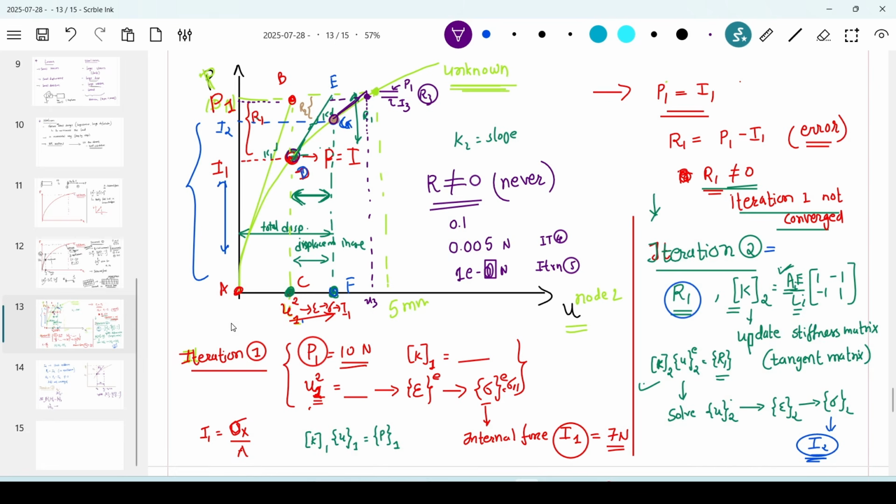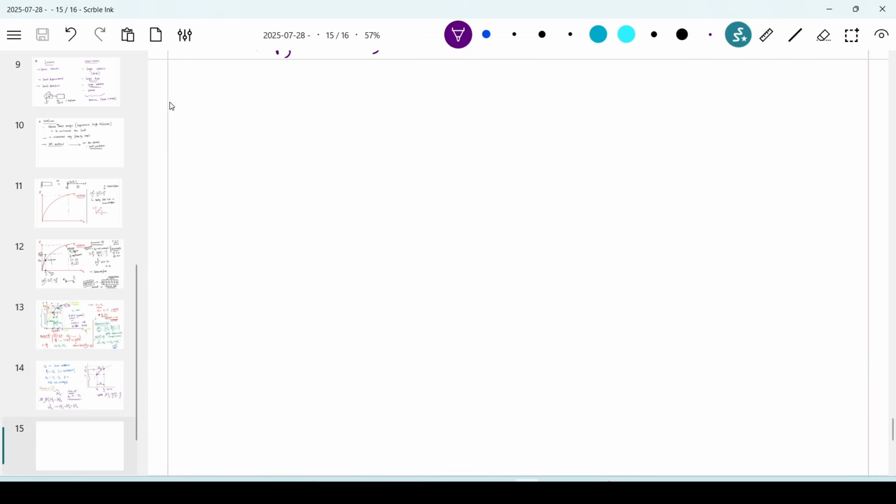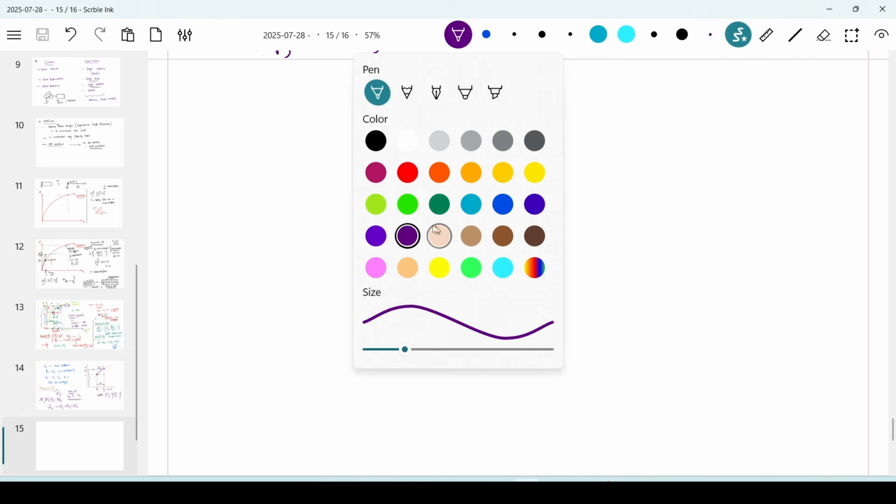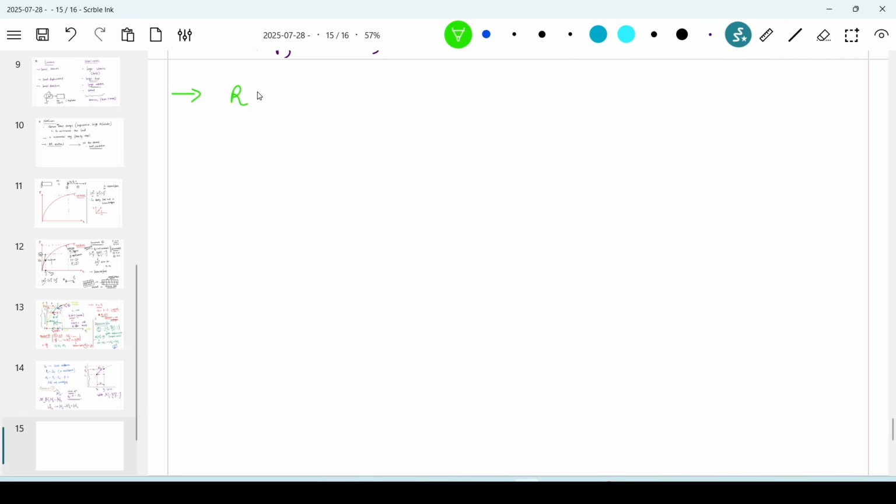So we have to stop somewhere. We cannot keep continuing these iterations down to 10 raised to minus 6 newton error. We have to say that this error is acceptable to me. So since R is never equal to 0, we say the residual force, or error, should be less than or equal to some tolerance. That tolerance we have to specify.